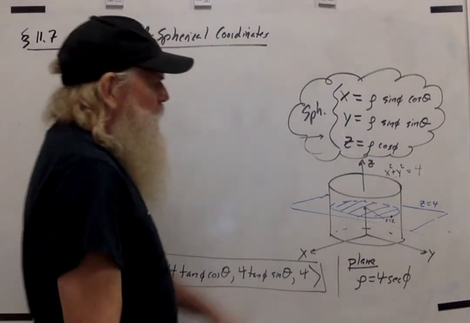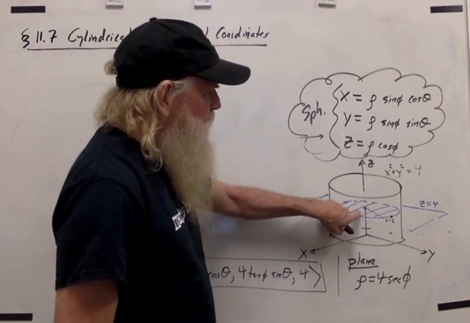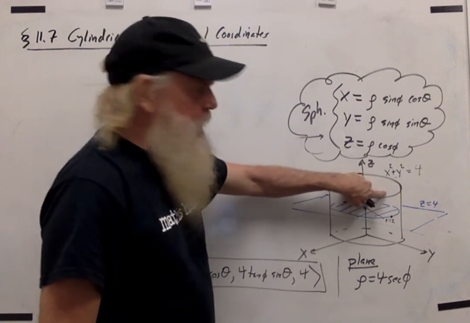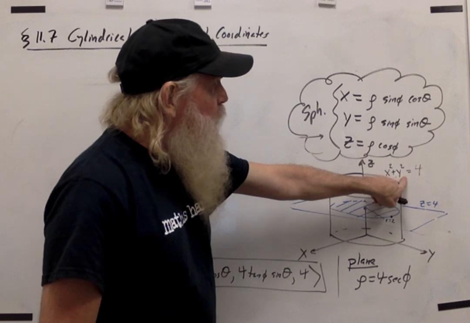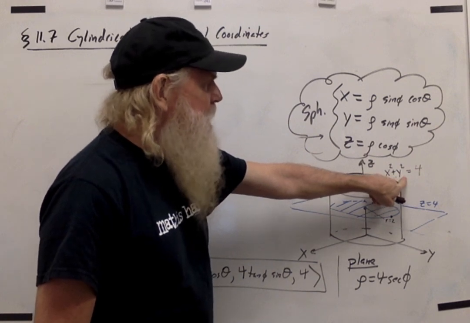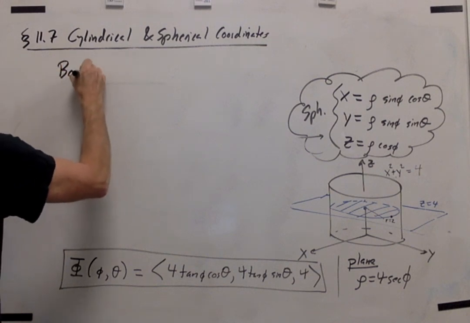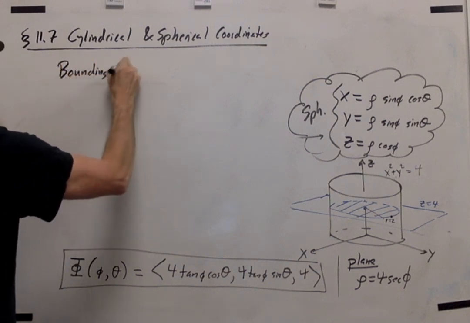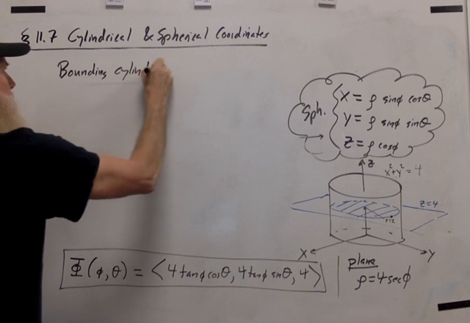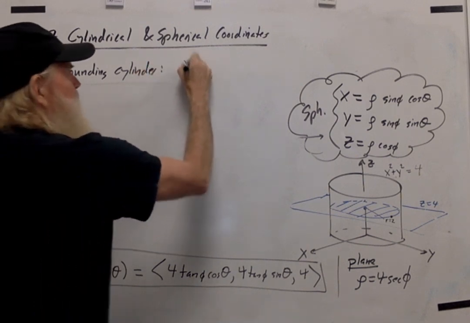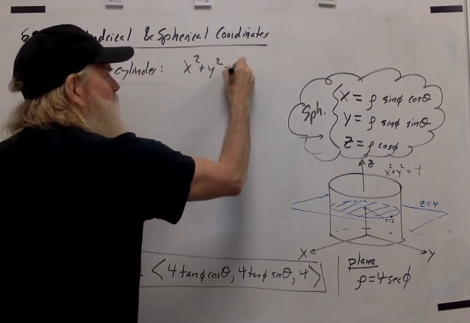Okay, so I only want the portion of the plane which lies inside the cylinder. So let's find what the equation for the cylinder looks like in spherical coordinates. So our bounding cylinder is x squared plus y squared equals 4.